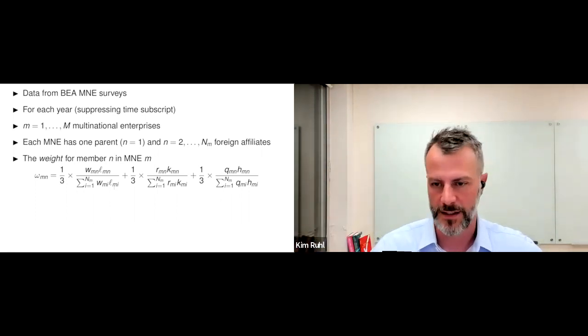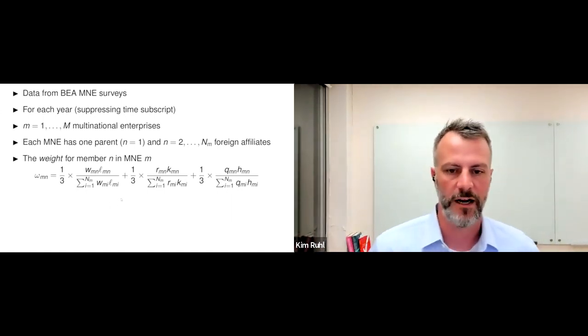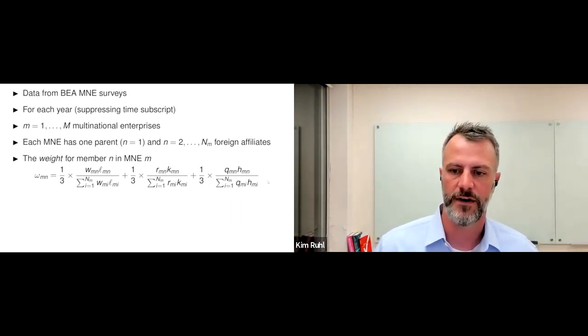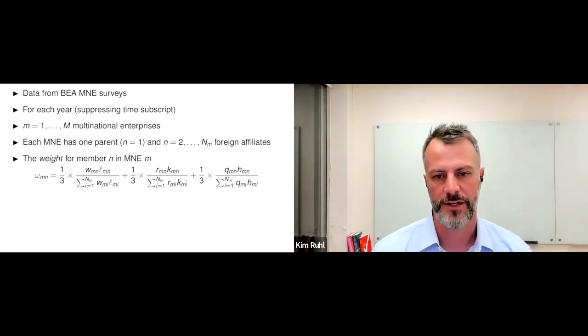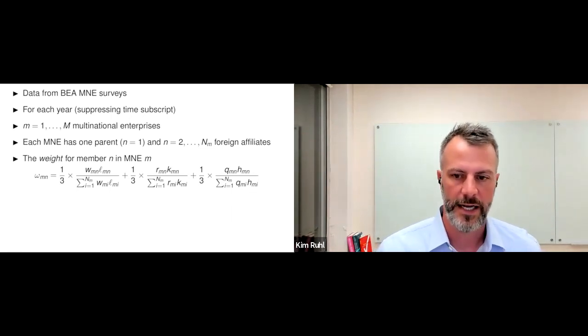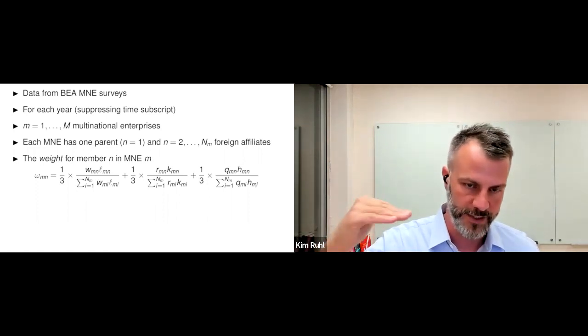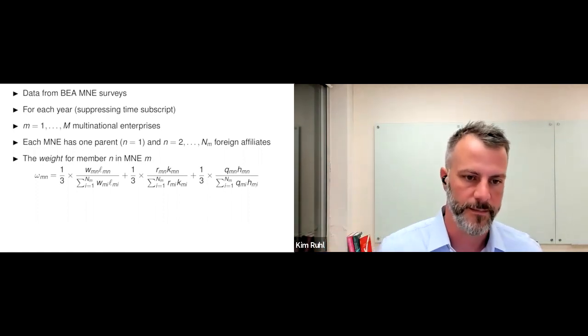But because obviously not all of our assumptions are ever exactly true, and there's measurement error and other things, we're going to just take a weighted average of the 3 measures of production costs we have in our data: wages, capital payments, and R&D payments, and average those 3 terms to come up with our weight for each particular part of the firm.